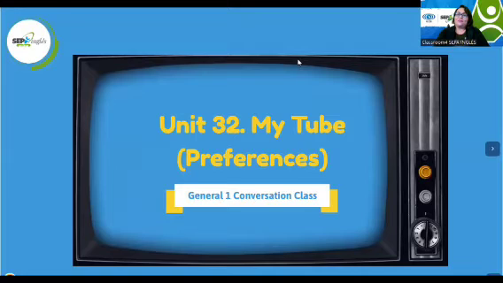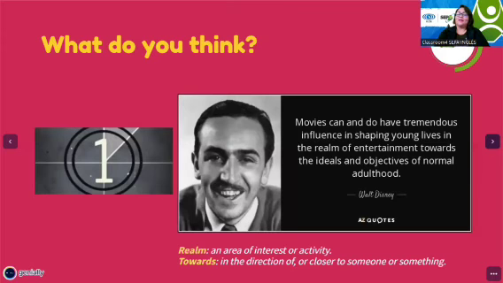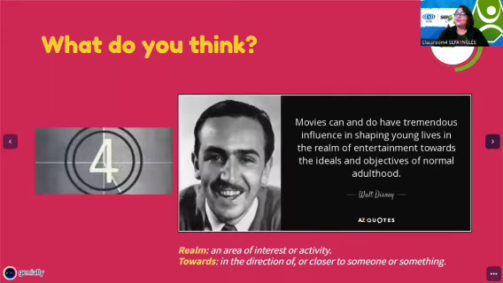Preferences. We are going to have the conversation class, and we are going to start with the first question. What do you think? Movies can and do have tremendous influence in shaping young lives in the realm of entertainment towards the ideals and objectives of normal adulthood.